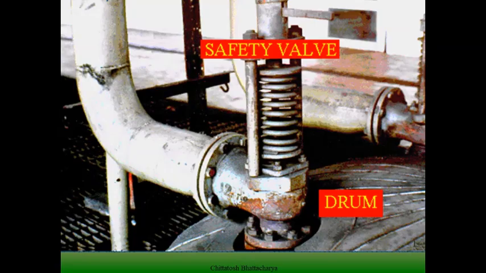Safety valves are provided in the boiler in different locations like drum, superheater line and reheater line. In the drum, we have the highest pressure set safety valve, and then at the superheater outlet line, the final superheater, we have another set of safety valves, and we have another set of safety valves in the reheater inlet line.